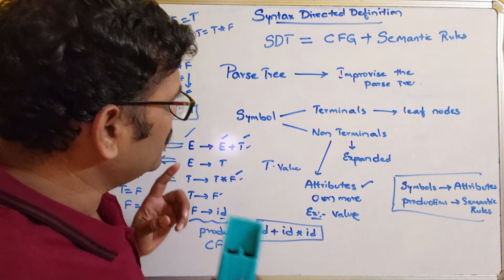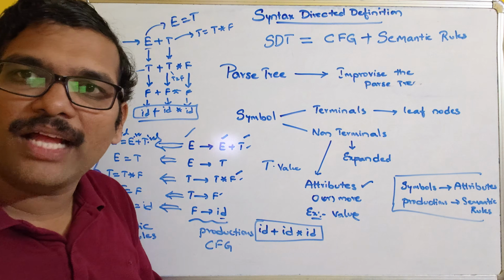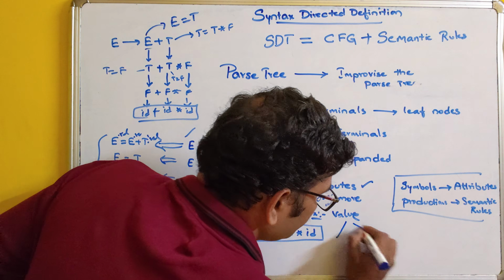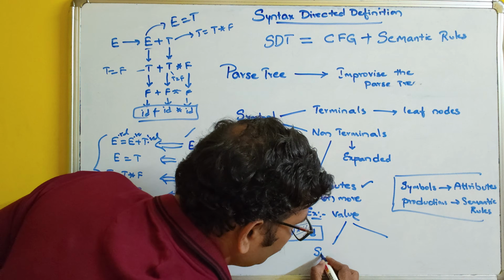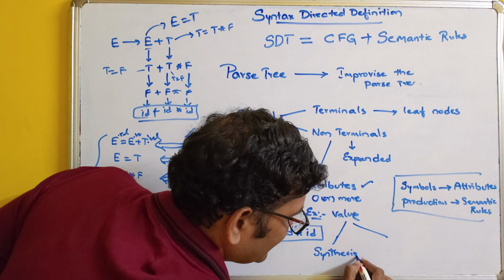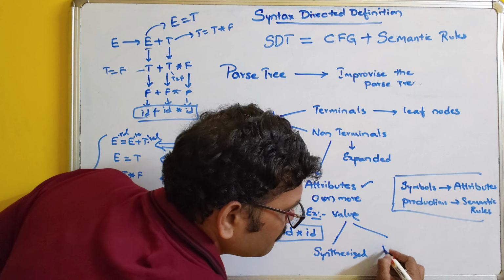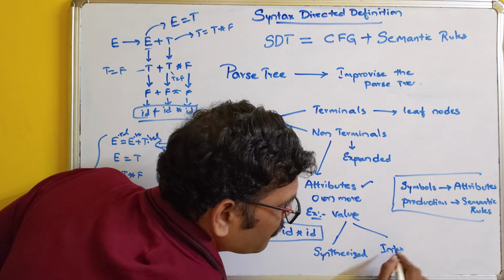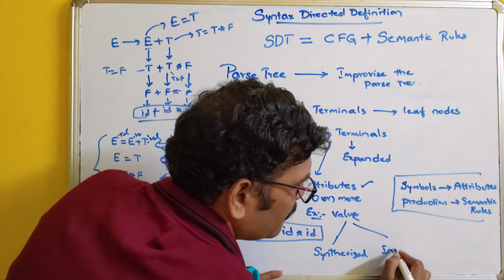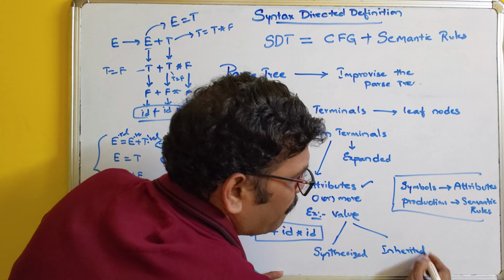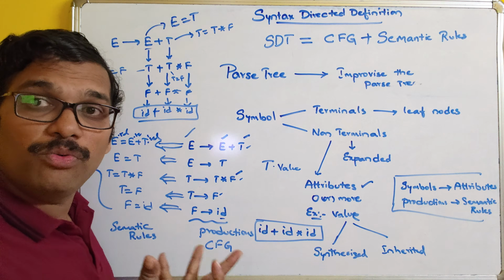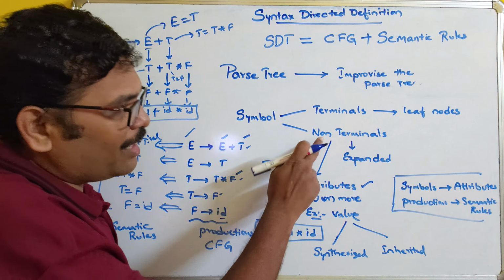Now, these kinds of attributes fall into two categories: synthesized attributes and inherited attributes. Both come with the non-terminals only.